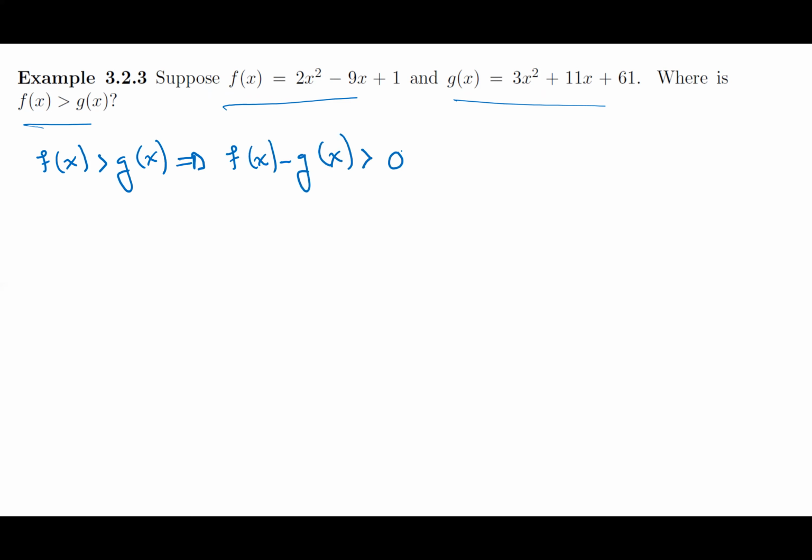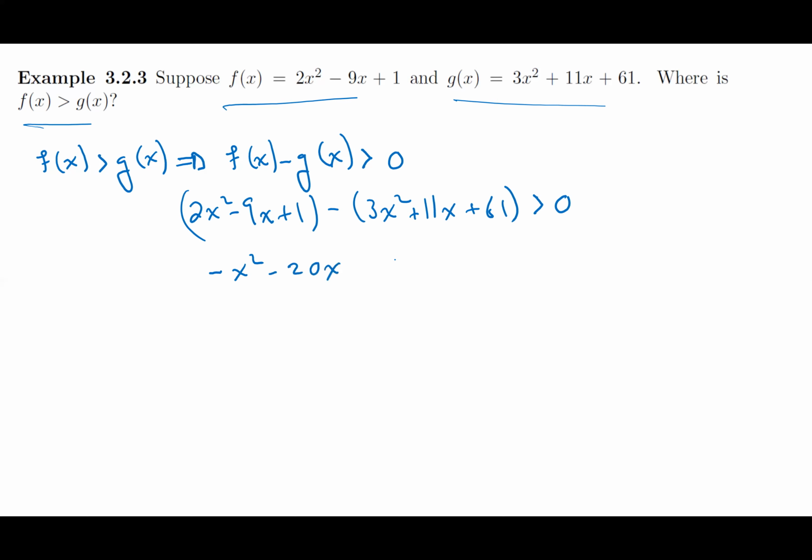And so we can do that, right? 2x squared minus 9x plus 1, there's f of x, minus g of x, 3x squared plus 11x plus 61, greater than 0. And so we have a negative x squared, and then negative 9 minus 11, so negative 20x, and 1 minus 61 is negative 60.